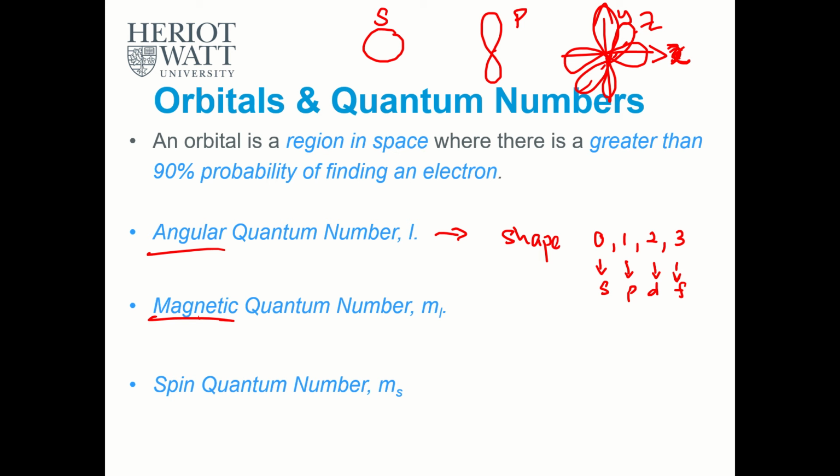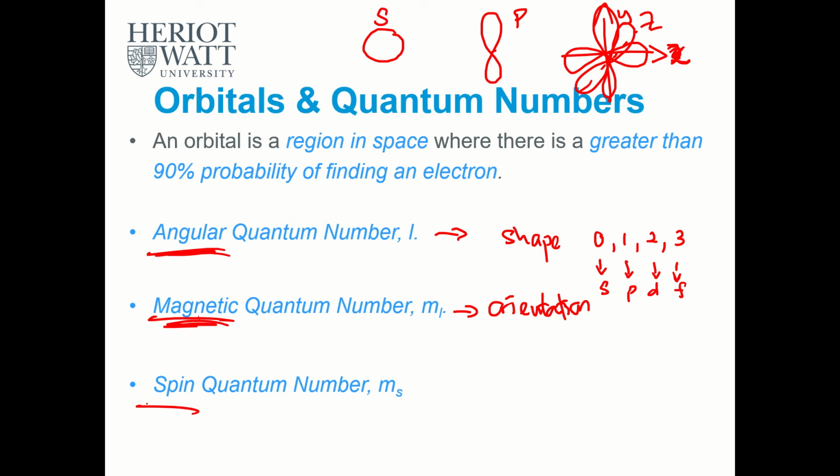They all have the same shape, the same angular quantum number, but a different magnetic quantum number. This defines the orientation, how they are oriented along the axes X, Y, and Z. So for P, you have 3 different orientations, right? So that's the magnetic quantum number.